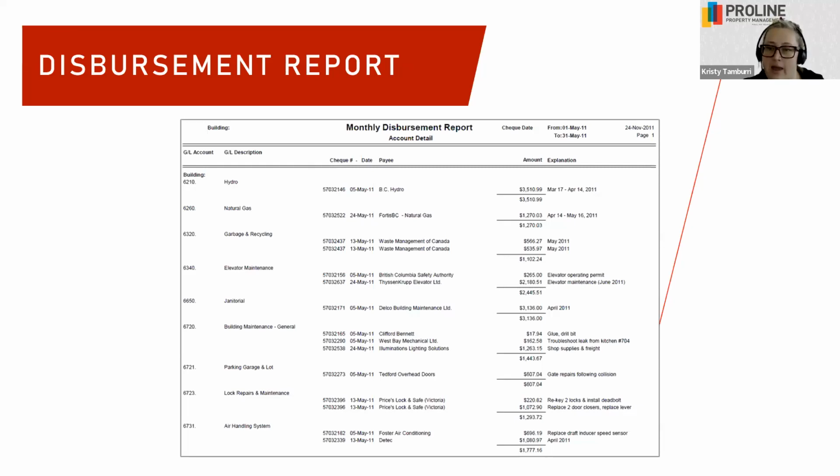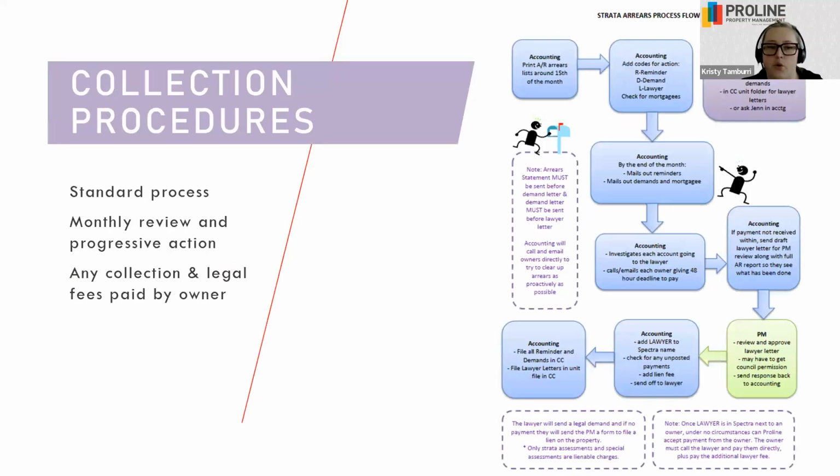So we have a full section on those details within the Strata Council Manual if you're interested in more detail around those authorizations. Next, I'm going to jump into collection procedures.